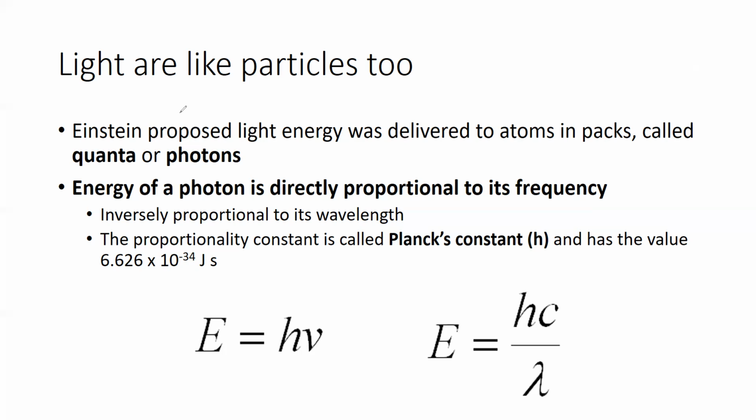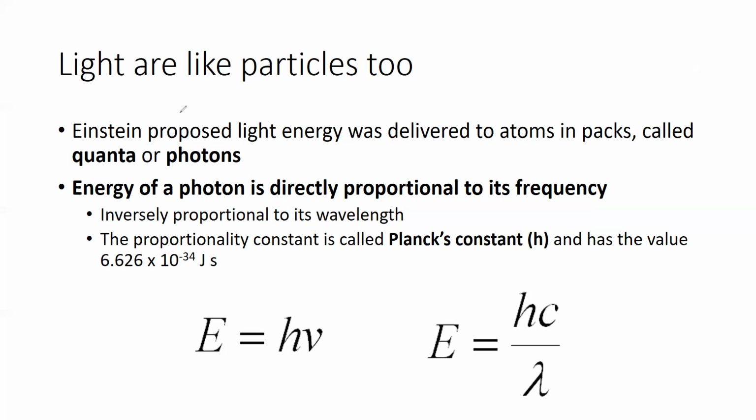And so when we think about energy, like we were talking on the electromagnetic spectrum, it is proportional to its frequency. The higher the frequency, the more energy. And it's also inversely proportional to wavelength, just like the electromagnetic spectrum. And to calculate the energy of a photon, we need a conversion factor.